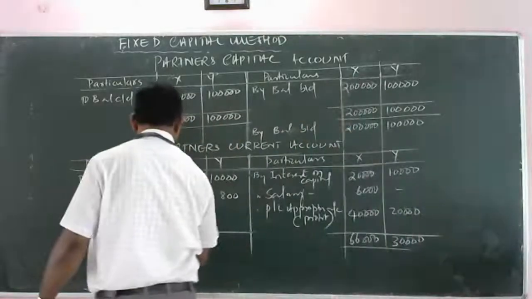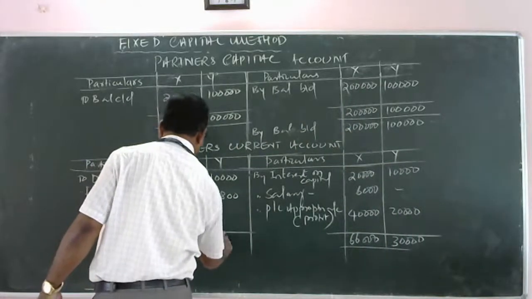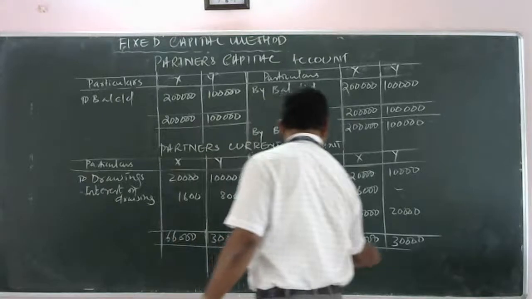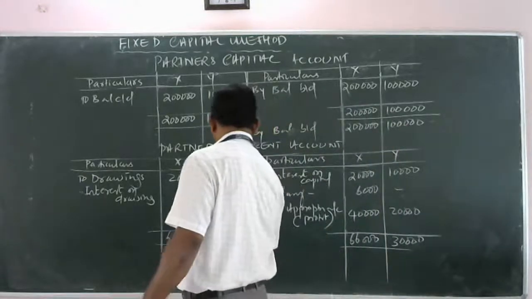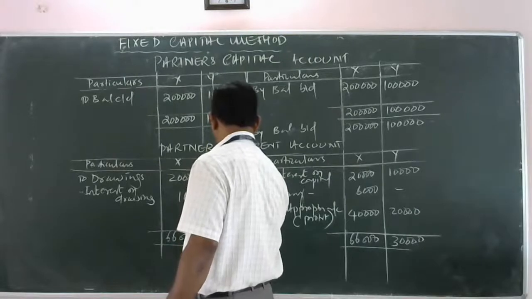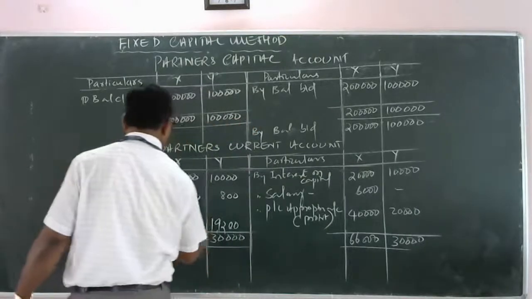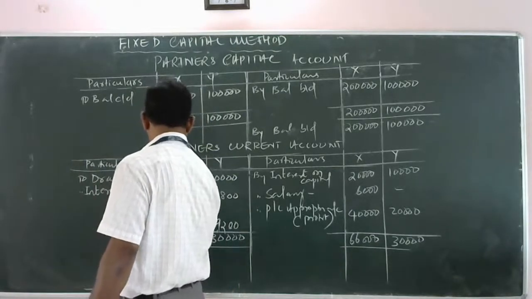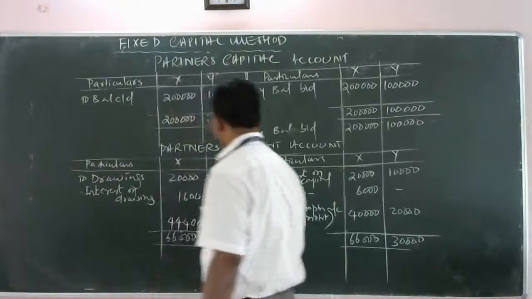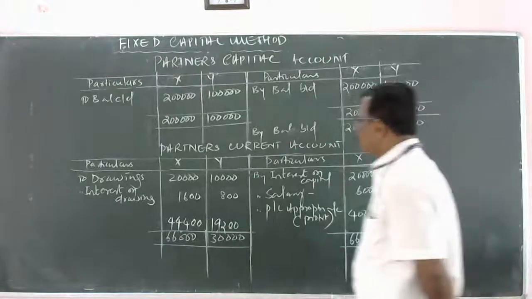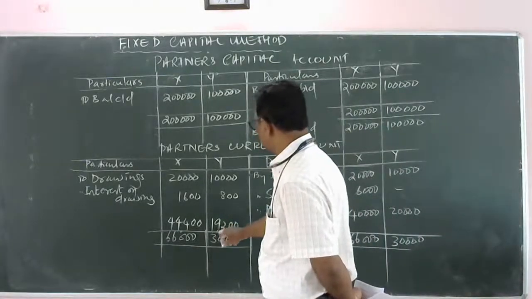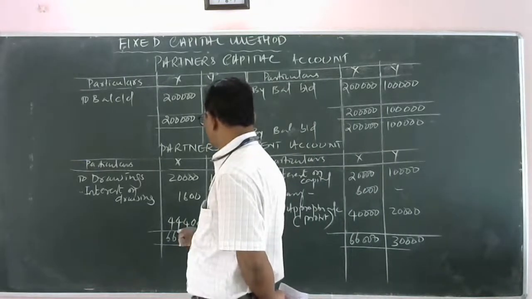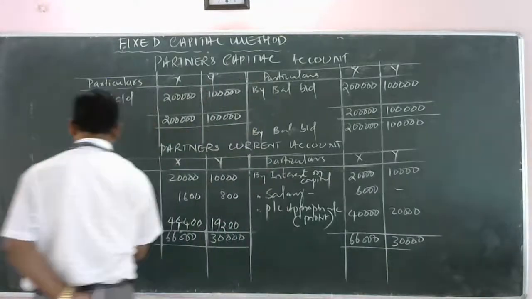66,000 and 30,000. So the difference is 19,200 and 44,400.